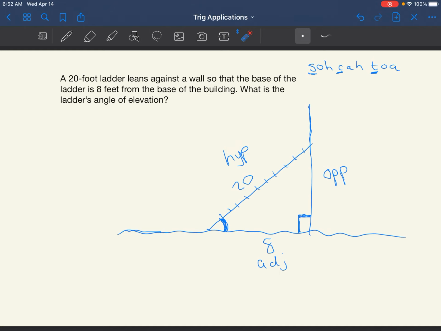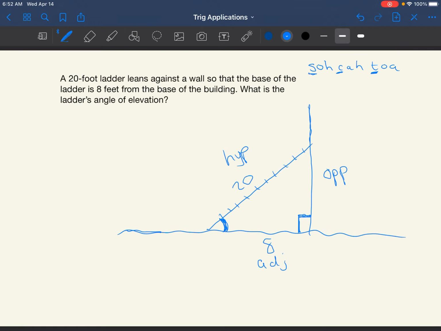So I need to use the one that has A and H. So if I look right here, this is OH, so that's not it. This is OA, so that's not it. But this one right here, AH, that's the one I want to use, because those are the two sides that have the measurements, 8 and 20, which are A and H. So I'm going to use cosine, okay? I'm going to use cosine.